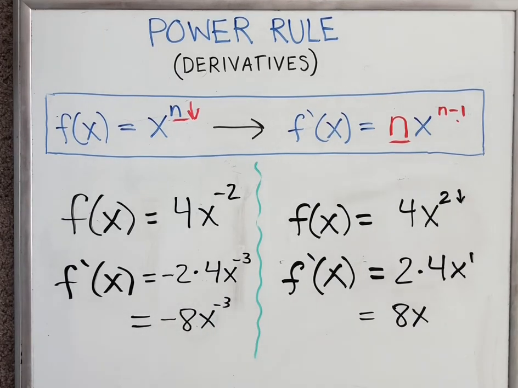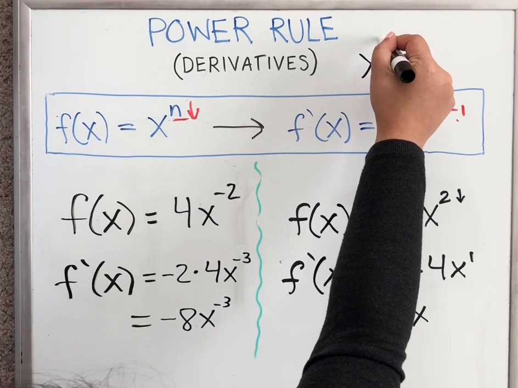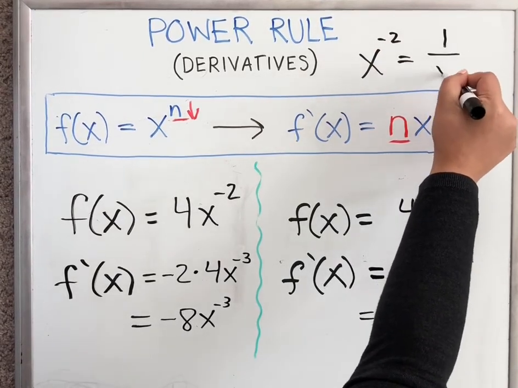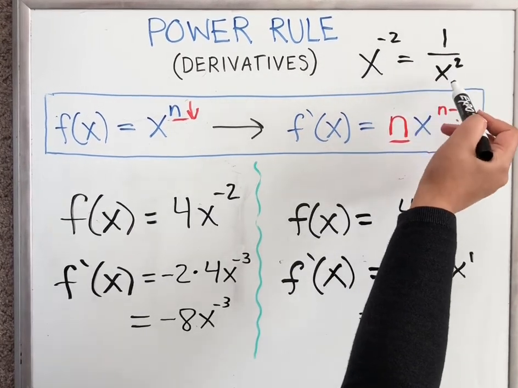And here I just want to bring up, we do have an exponent rule. You guys probably learned this in algebra, but just to recap really fast. When you have a negative exponent, so say you have something like x to the negative 2, this actually equals 1 over x to the 2, right? So you would just make that exponent positive and put it under a 1.